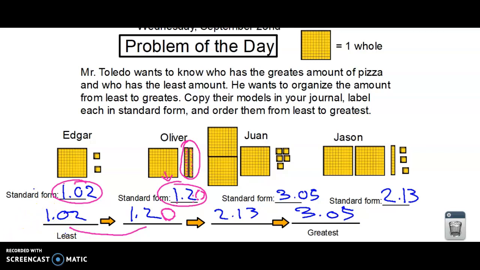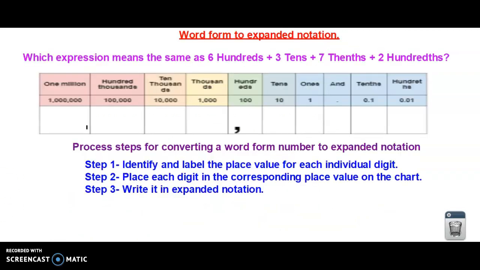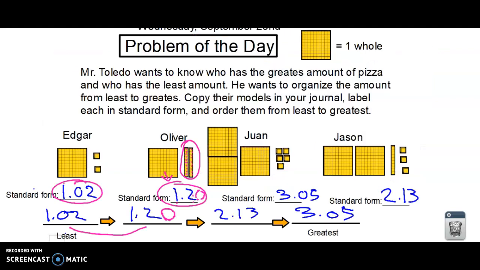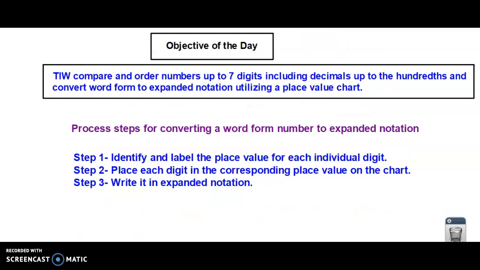Let's go ahead and move on to today's objective. We didn't even write it down. The objective of the day is today I will compare and order numbers up to 7 digits, including decimals up to the hundredths, and convert word form to expanded notation utilizing a place value chart.